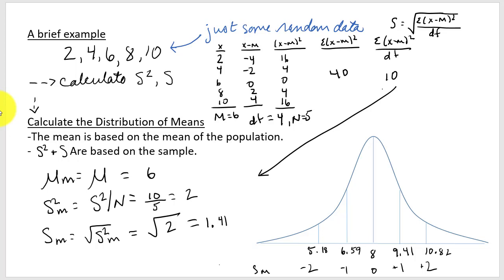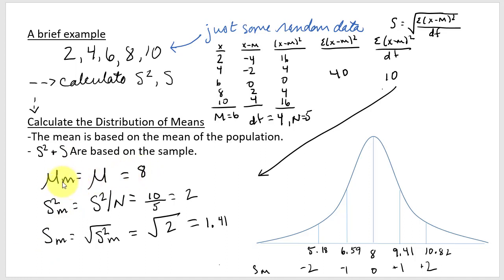So we calculate the distribution of means by looking at the mean that's based on the mean of the population, but the unbiased estimate of the population variance and standard deviation is based on the sample. Let's say for the sake of this example that the population mean was equal to 8.